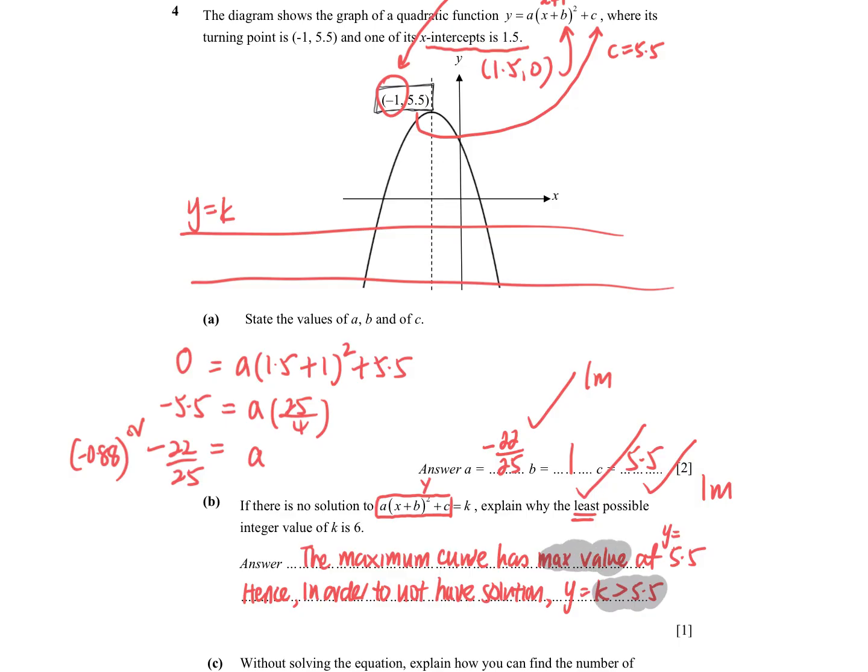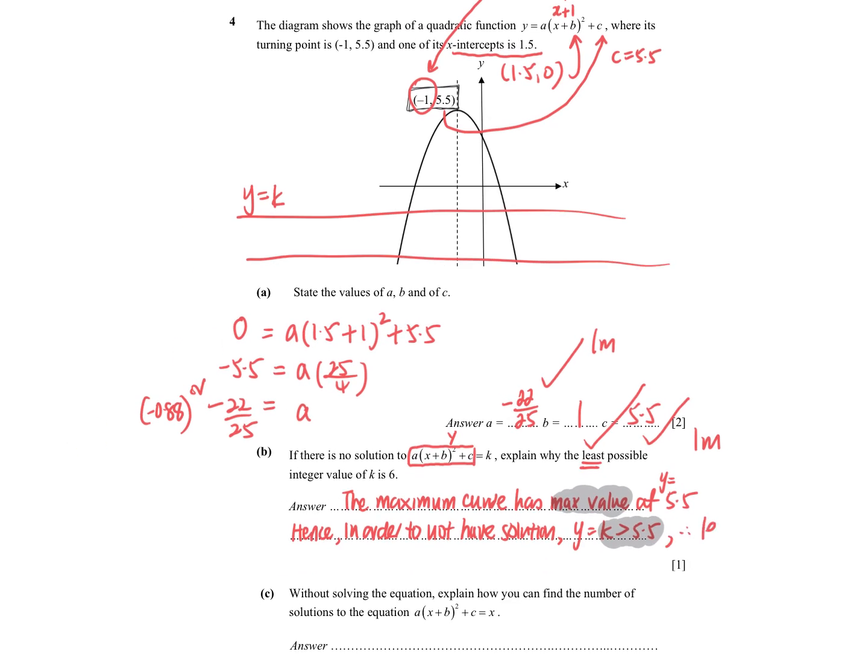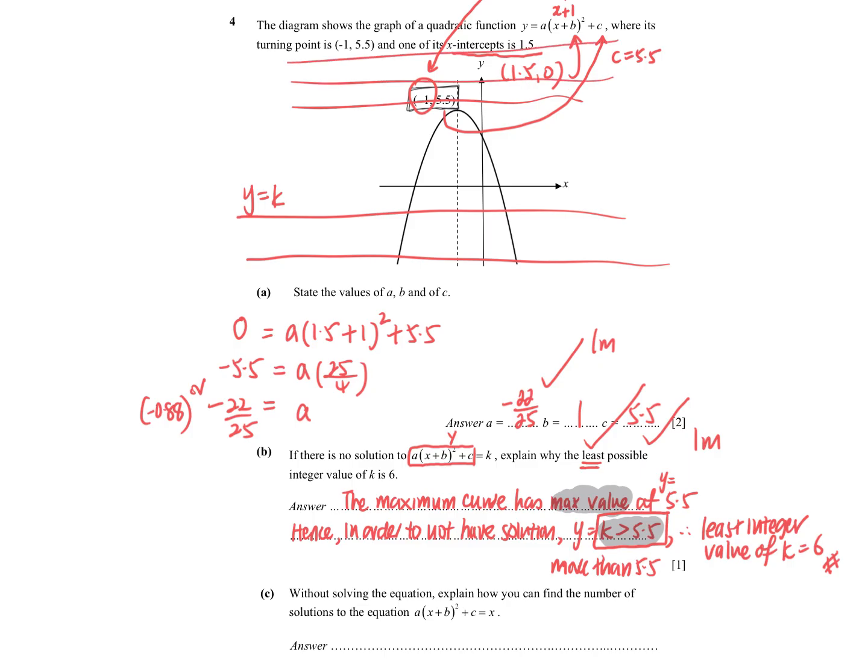Then you can conclude, therefore, the least integer value of k is 6. So there must be this inequality telling me that it must be greater than 5.5. If not, you must tell me it is at least, oh no, cannot, at least includes 5.5. It must be more than 5.5. So anything above this 5.5 will not cut the graph at all.